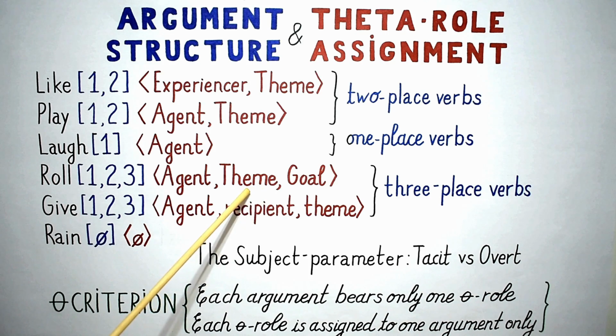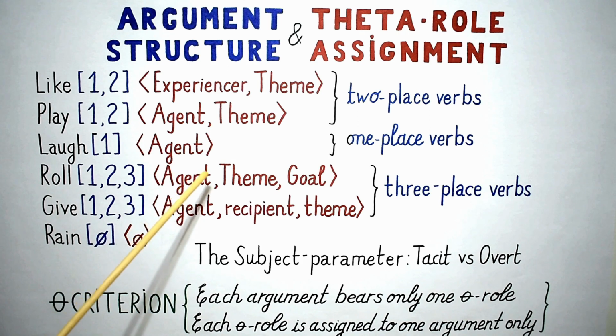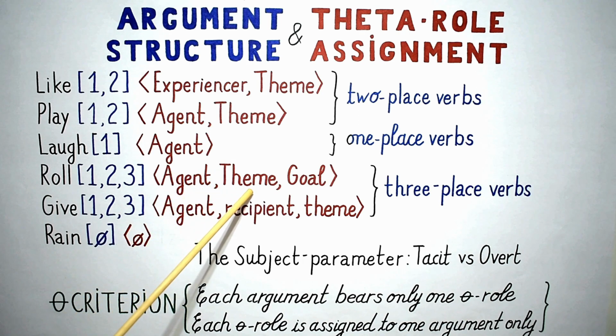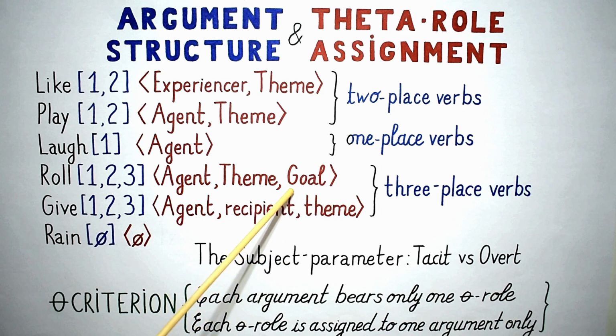The ball will be the theme of our sentence. So we have I, agent, rolled, predicator, the ball, argument, theme, and down the hill is the destination or the direction in which the ball underwent the action of rolling, and that will be the goal.